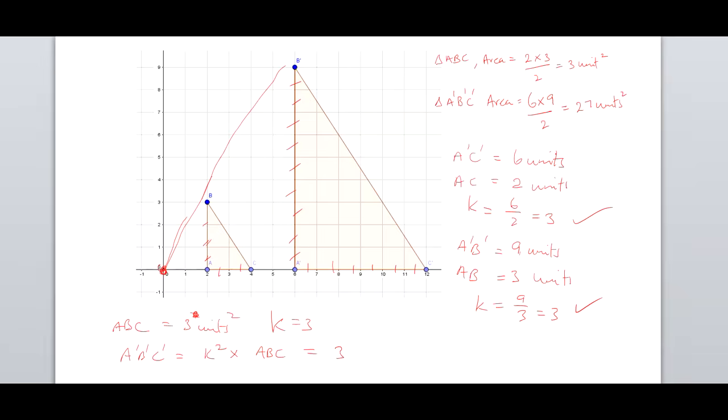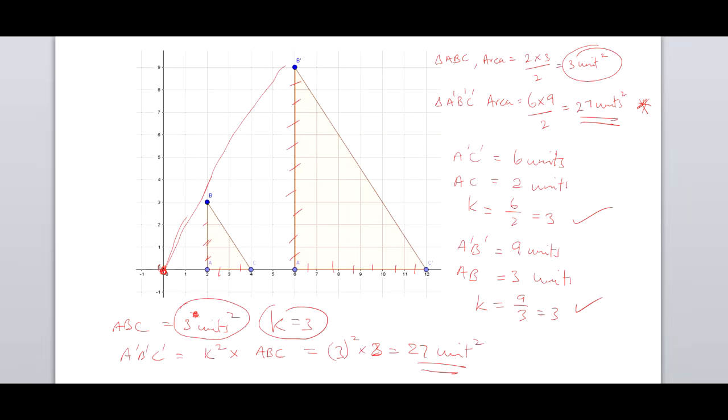So it'll be 3 squared multiplied by the area of triangle ABC, which we got as 3 units squared, and that gives me 9 times 3, which is 27 units squared. Notice we had worked out the area of triangle A prime, B prime, C prime and we got 27 units squared. But I just worked out 27 units squared just by using k and the original area of the triangle given.